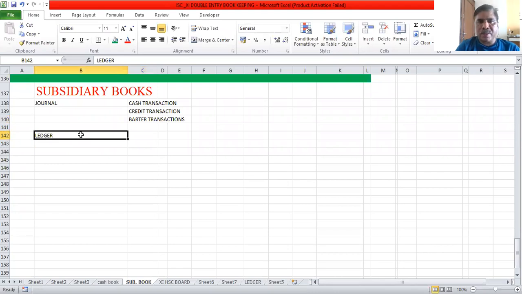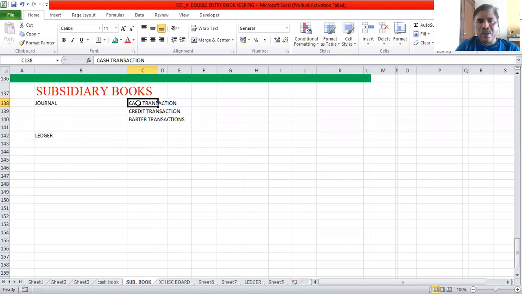But when we record the transactions in the journal, we record them in chronological order, that means date wise. Here the cash transactions, credit transactions, and barter transactions are all mixed up in one book.